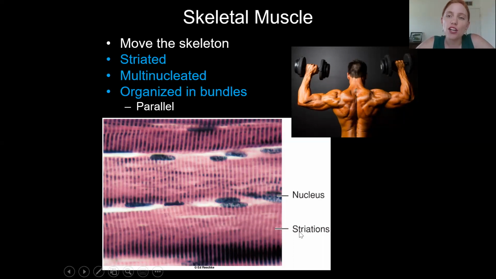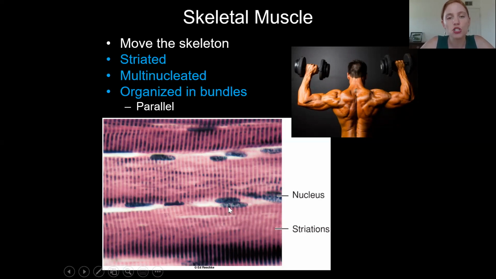And another thing that makes them different from the generic cell is instead of having one big blobby nucleus in the middle, they actually are multi-nucleated, which just means that they have more than one nucleus, and that nucleus is not dab smack in the middle of the cell.